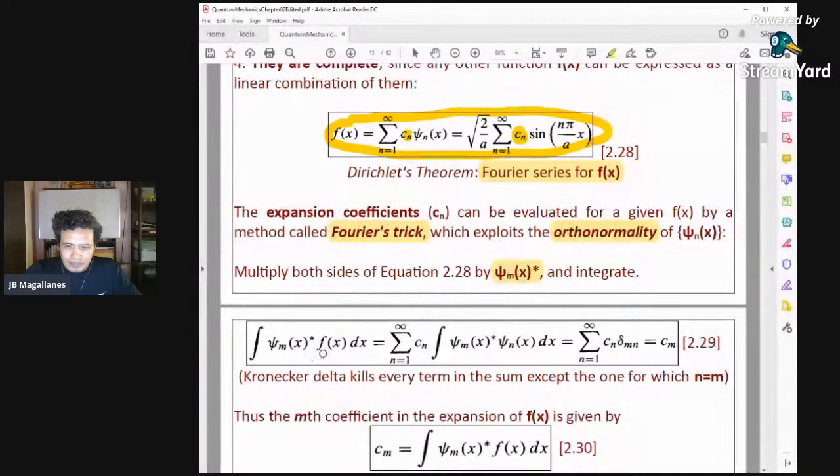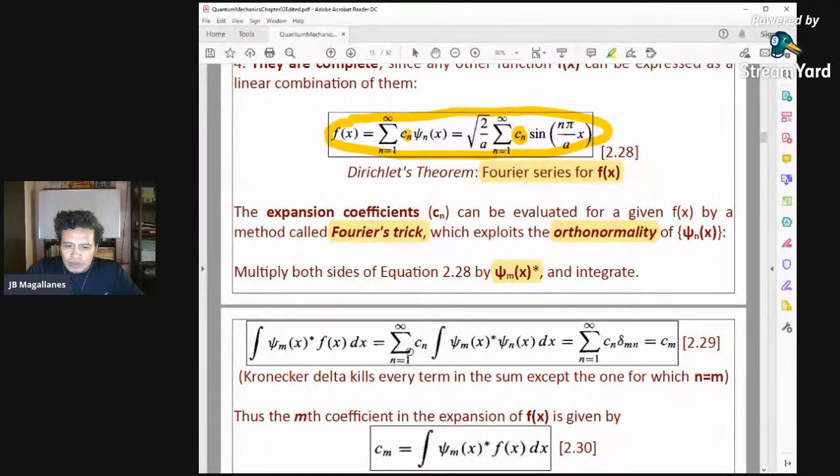Since f(x) is the summation of Cn phi n, by the way, you can interchange summation and integral. You can commute the two operations, so you can put the integral here and the summation here, or the summation here and the integral here.